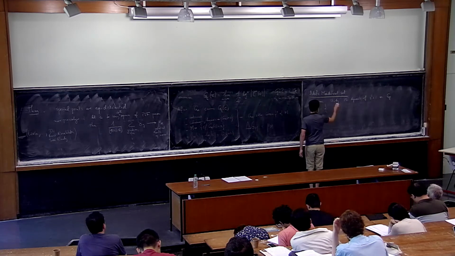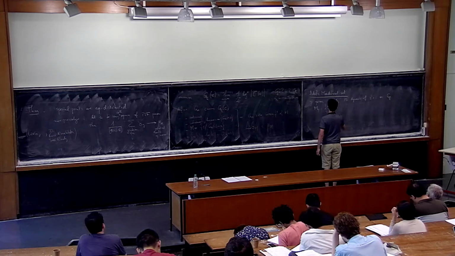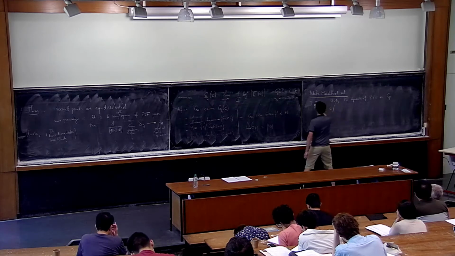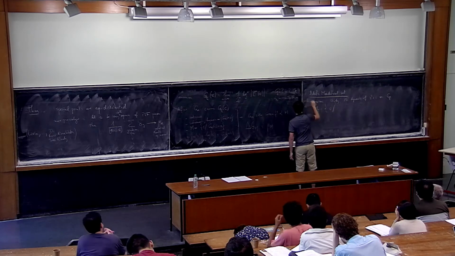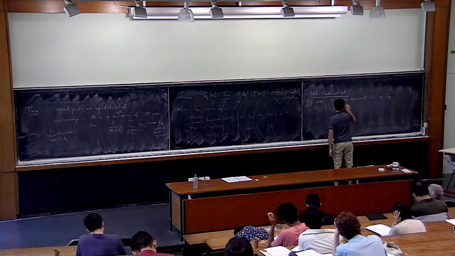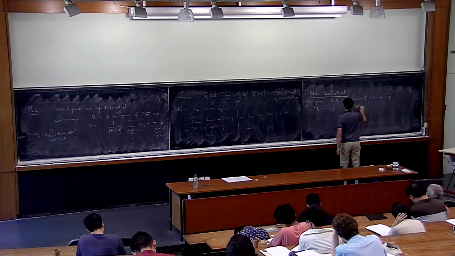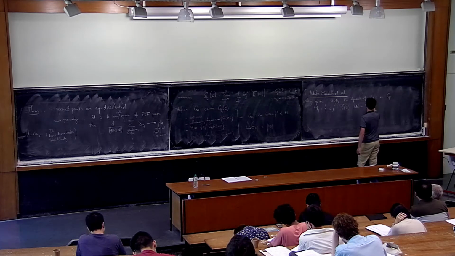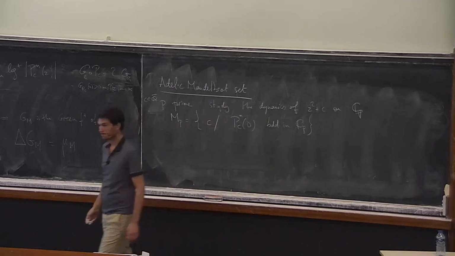It is the set of such parameters c, where c is in Q bar, such that the orbit of 0 is bounded in C_p.